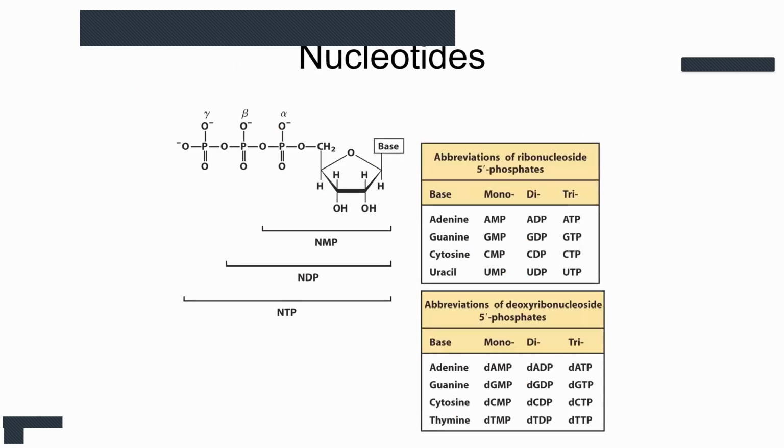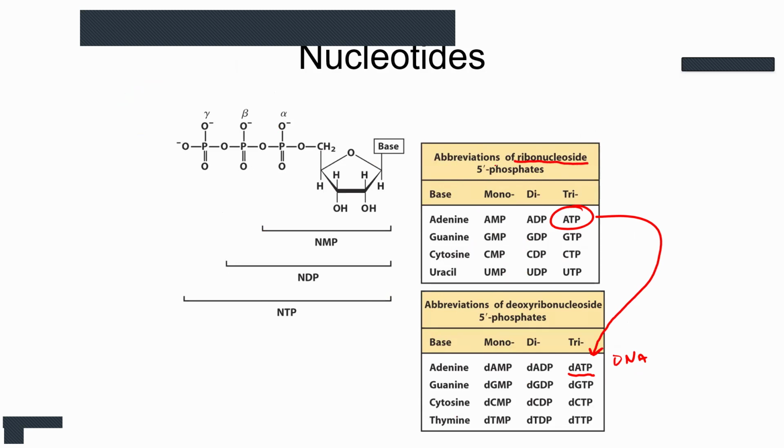So, nucleotides. We've talked about these quite a bit. Specifically, we've talked about ATP. Now, one thing that's worth noting, whenever you talk about ATP versus dATP, there's a difference. dATP is for DNA, whereas ATP would be a ribonucleotide.